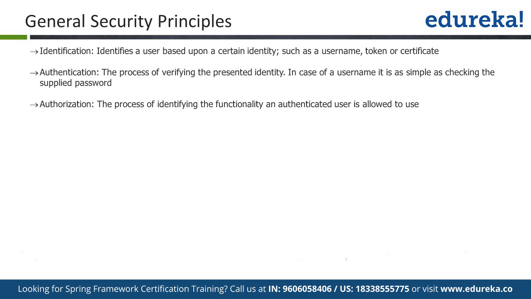So after logging in, you can access multiple modules. So whether you have predefined roles or permissions to access that module or not. For example, you can edit your profile, but you cannot edit someone else's profile. That can be done only by the user admin, because admin usually has all the rights.